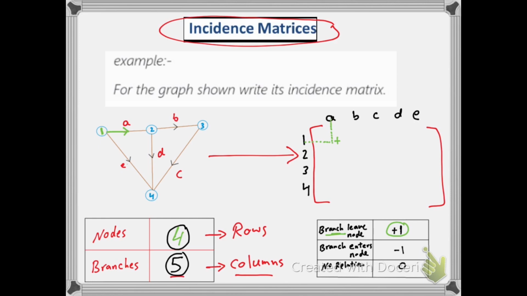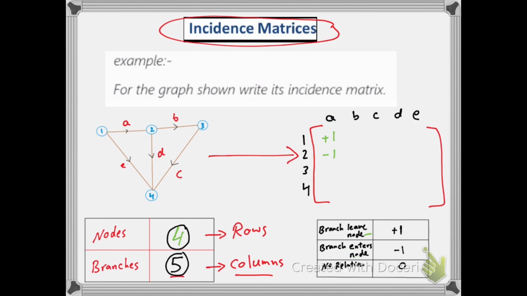Then I will put the value positive 1. Now let's check the relation between the branch A and the node 2. The branch A enters node 2. When the branch enters a node, I will take the value negative 1. So the relation between branch A and node 2 will be negative 1.